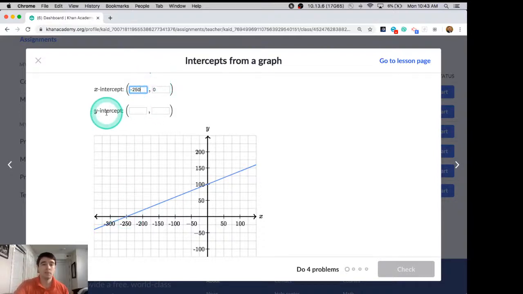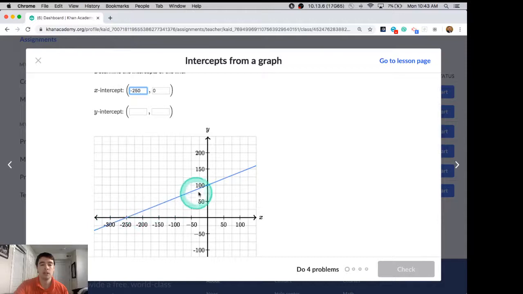The y-intercept refers to the other point that's located on one of the axes. It asks, where does our blue line cross the y-axis? And the coordinates for the point where this intersection happens is 0 for x and 100 for y. That's this point located right here.